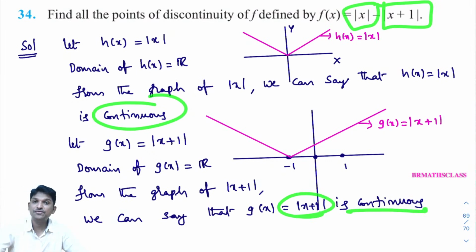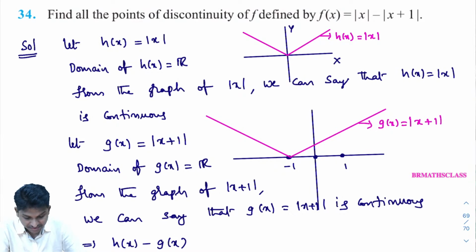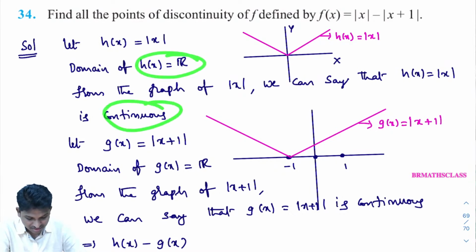We know that if f of x, g of x are continuous functions, then f of x minus g of x is continuous, right? So this implies h of x minus g of x. Here the point is h of x is continuous on real numbers, g of x is continuous on real numbers.